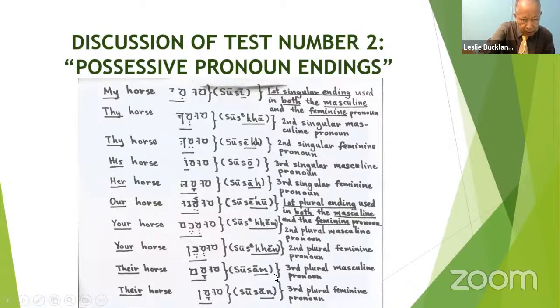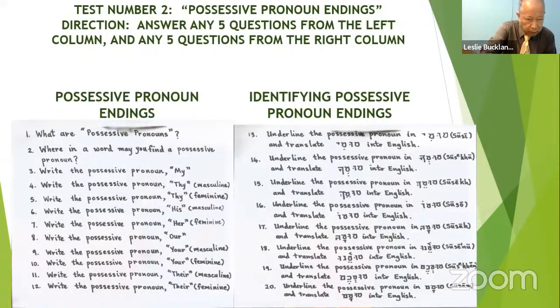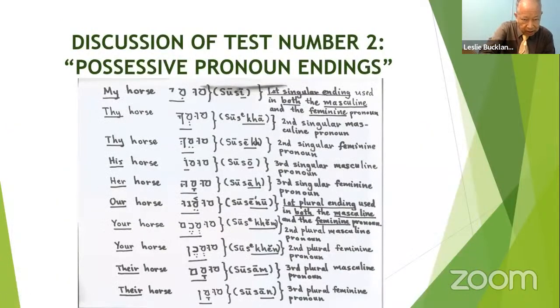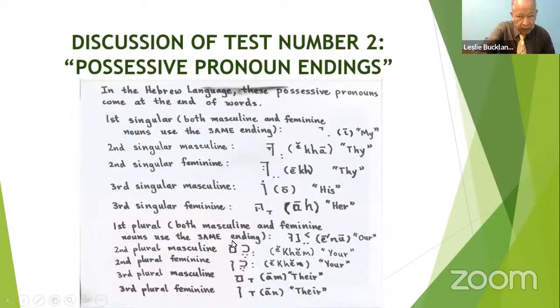Kamets, mem. Third person plural masculine pronoun, their. And the next question is number 12. Write the possessive pronoun their, feminine. And here it is, underlined. You have their horse, an, kamets, nun.